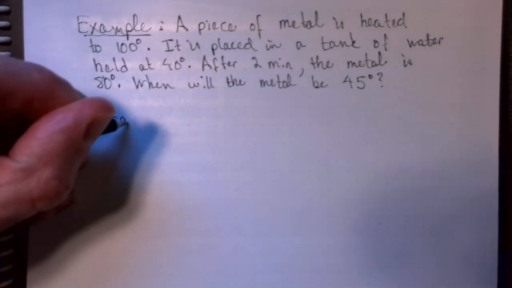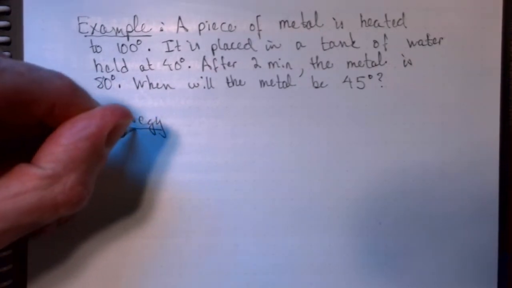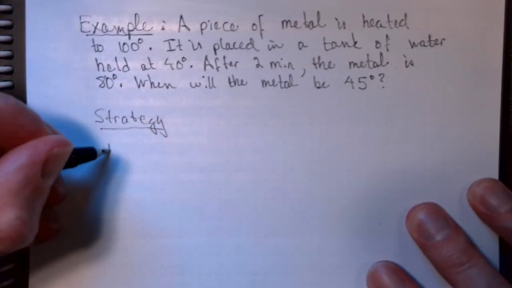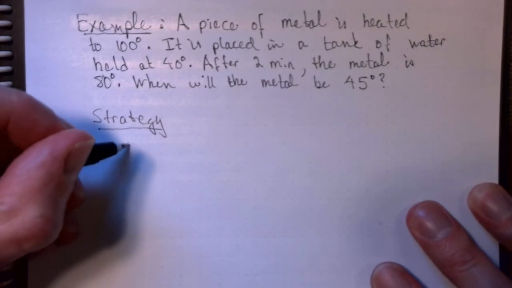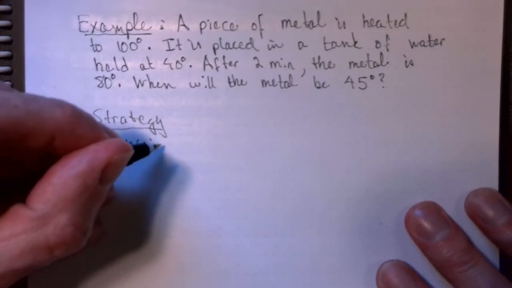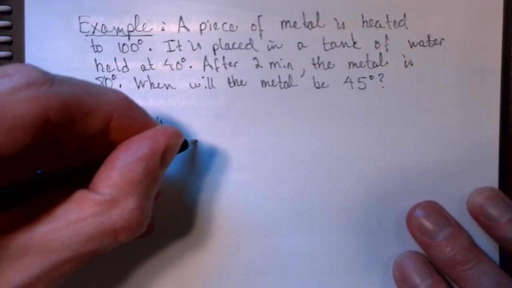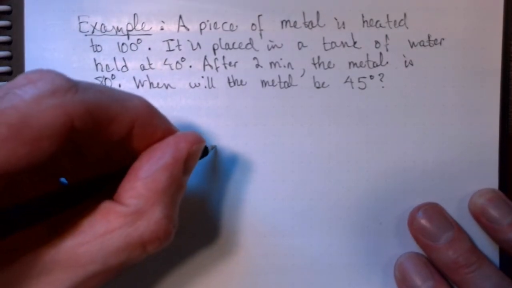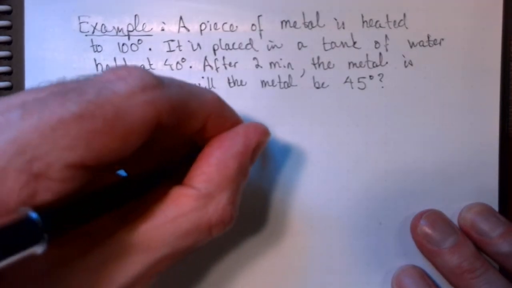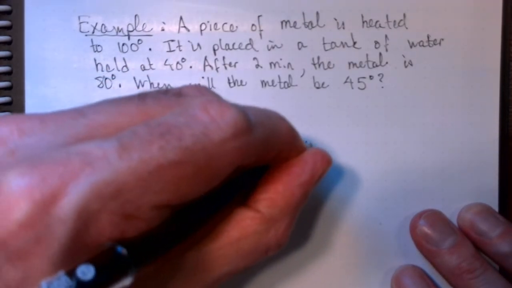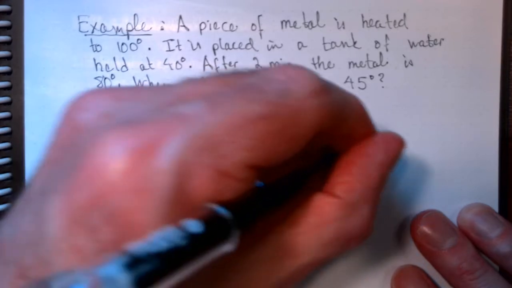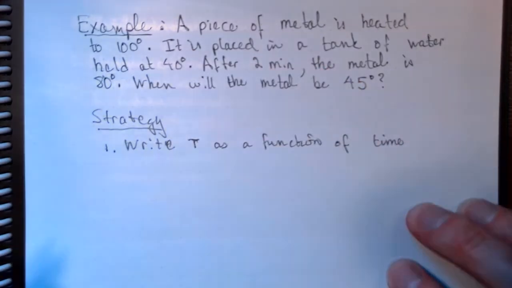So the strategy is going to be the same basic principle that we saw in the previous video with population growth. We're going to write capital T, the temperature, as a function of time.